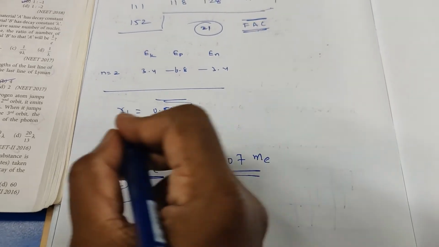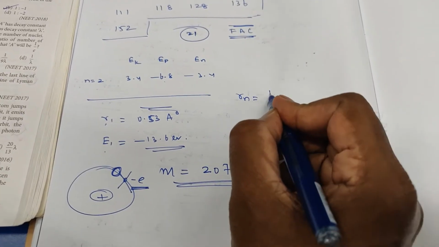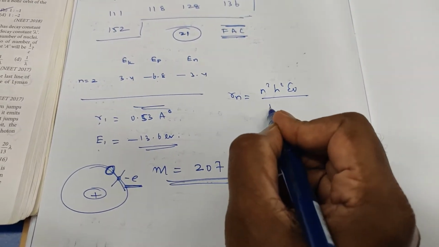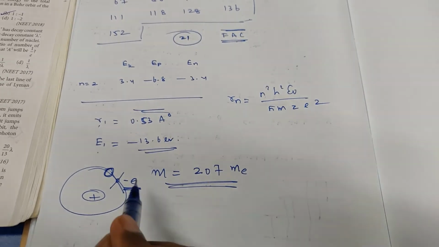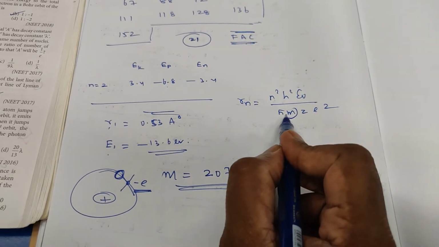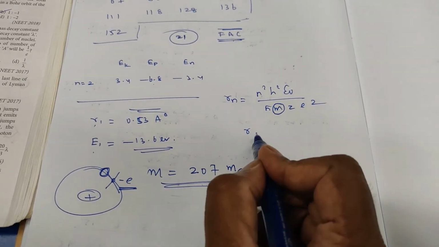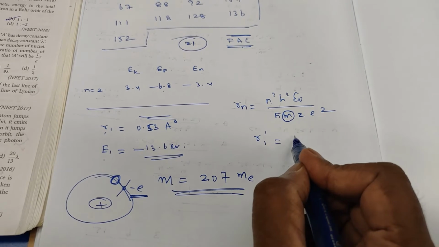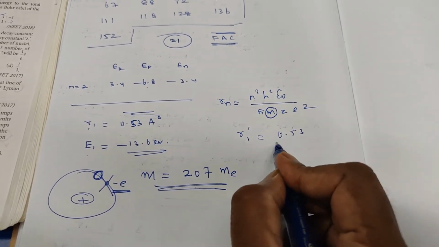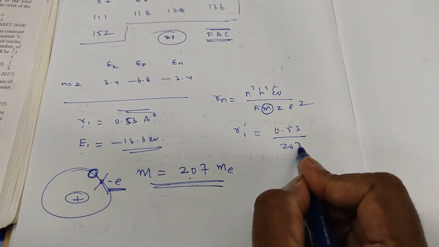So the radius, we have discussed that formula. Radius is n square h square epsilon naught by pi m z e square. Where do you find m? M is in the denominator. Therefore, for the radius of the new atom, mass is in the denominator, so divide by 207 times m.